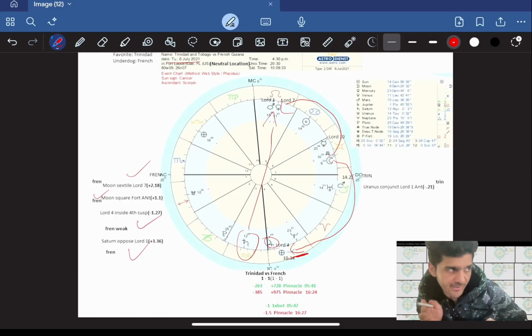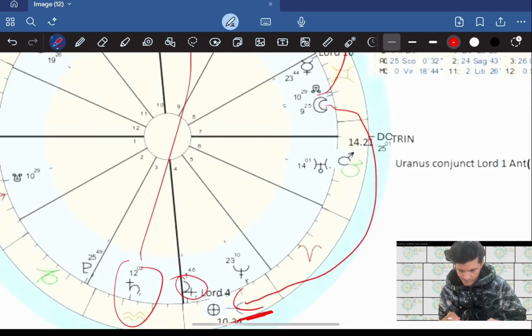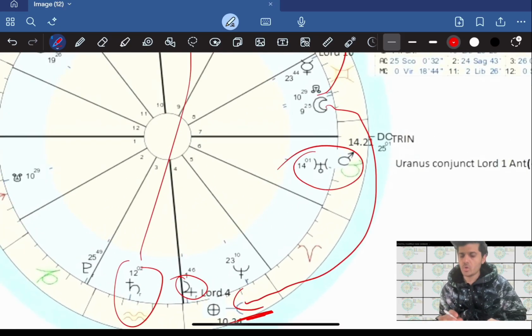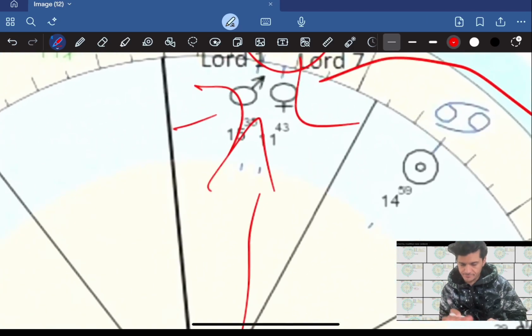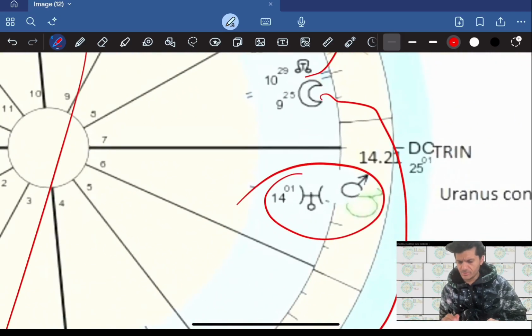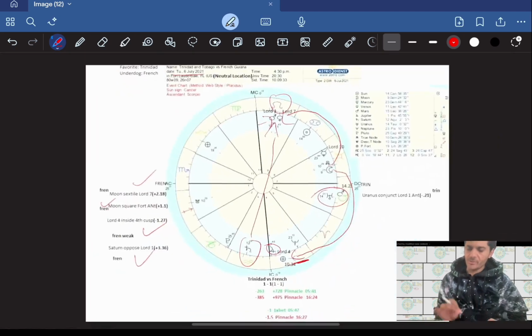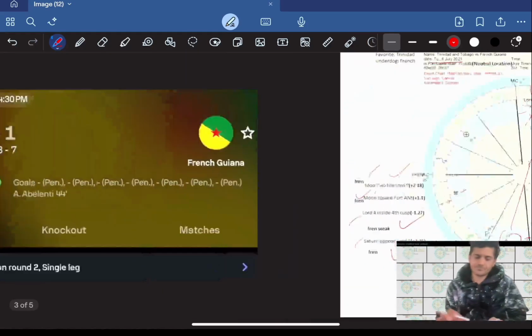When a ruler is inside its own house near the cusp, 3.3 degrees, it is a weak aspect, like this one. And 1 to the favorite, which is right here: Uranus making a conjunction to the shadow of 1, which is Mars in Leo subtracted by 30. It's like 14 something degrees in Taurus, and then it applies to the Uranus conjunction. So this chart is also 3 underdog aspects, 1 weak underdog, and 1 favorite. Mutual.